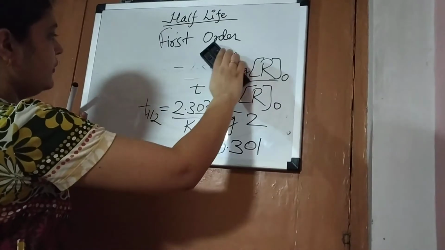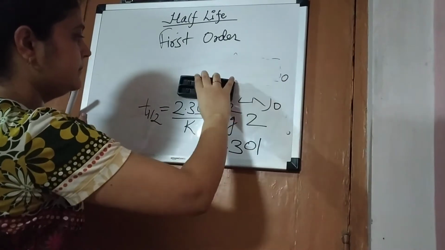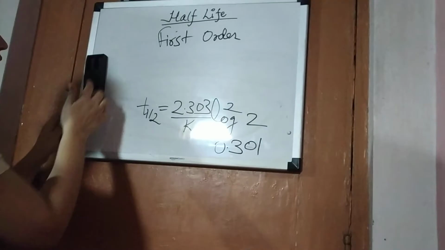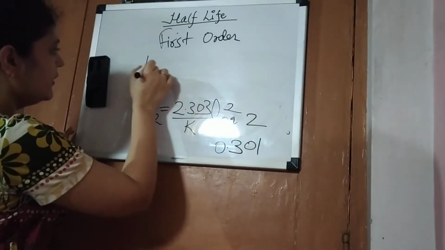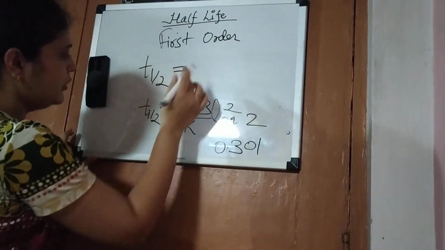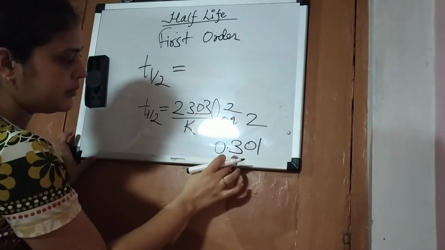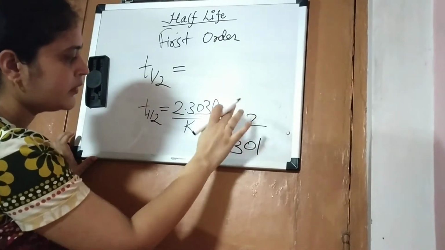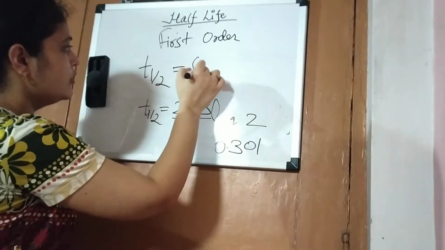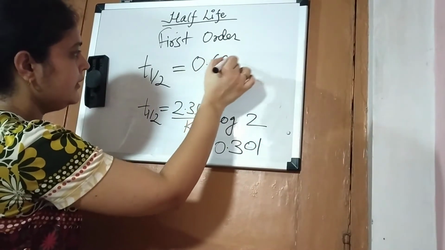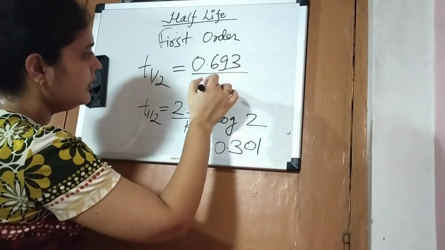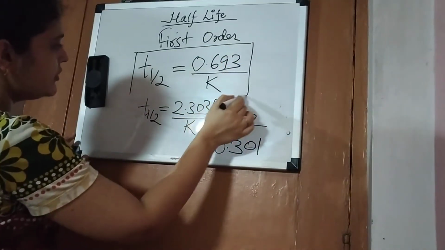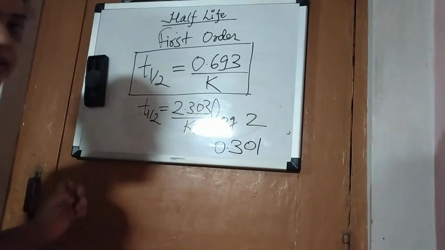So finally, T half is equal to 2.303 multiplied by 0.301, because log 2 is 0.301, upon K, which is 0.693 upon K. So this is the half-life of first order reaction, right?